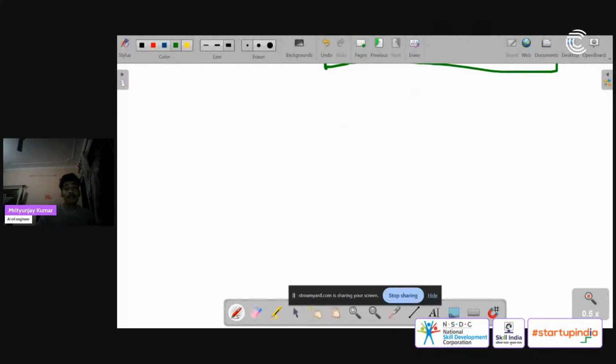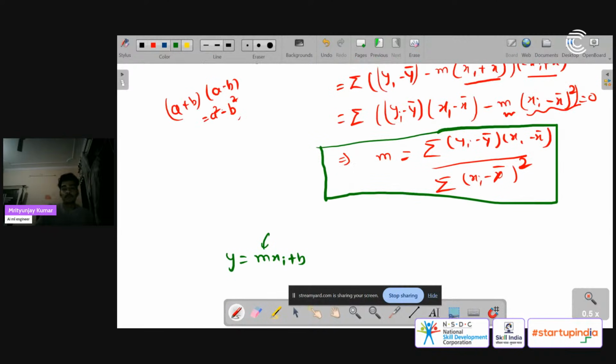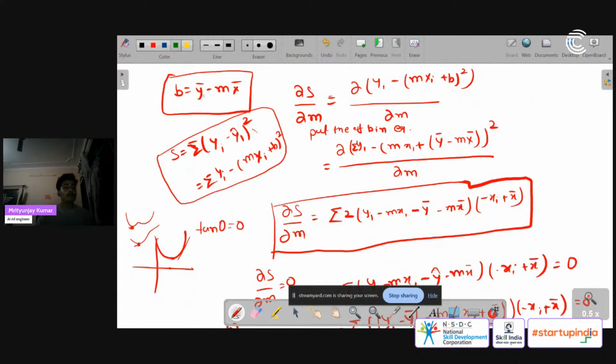With the help of m and b, we can create the line for every point: m xi plus b. So the m formula is this one, and the b formula is y bar minus m x bar.